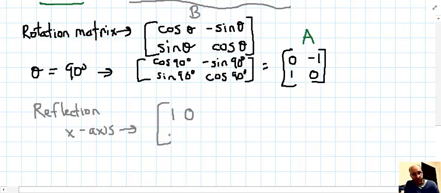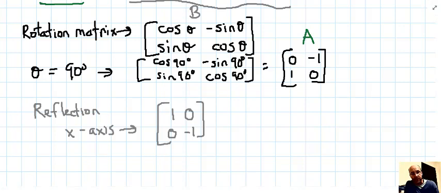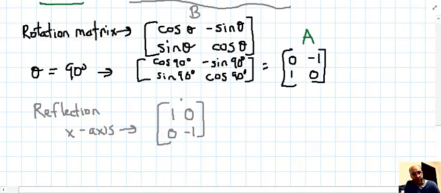So the object and image have equal but polar opposite y values. The x value is the same if it's reflected in the x-axis. So we have this matrix here, and we can come up with a composition by timesing our result for B and A together.